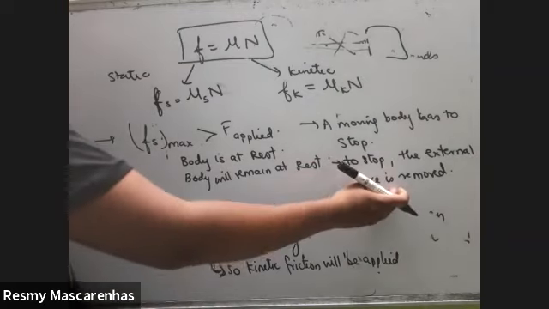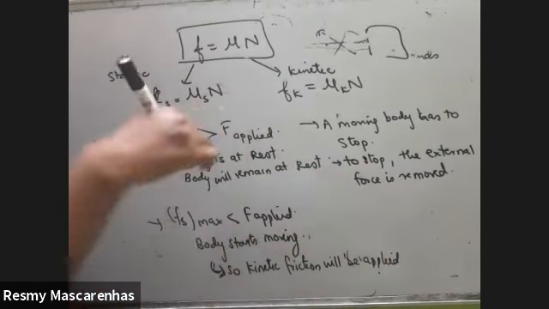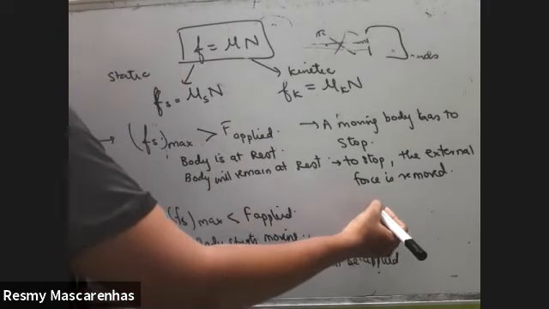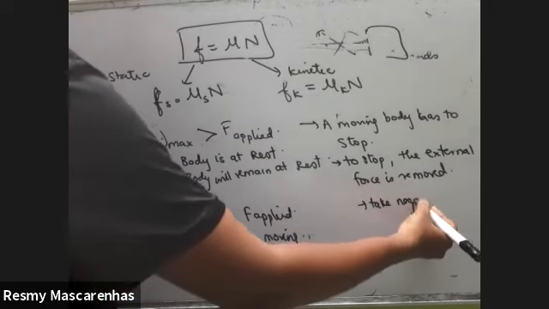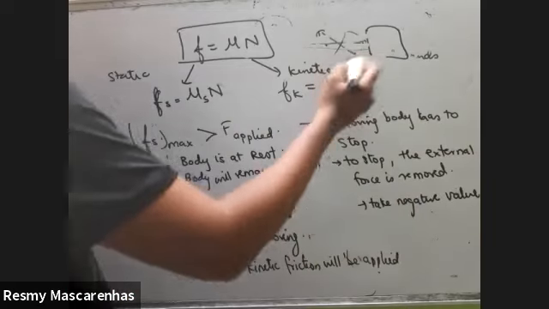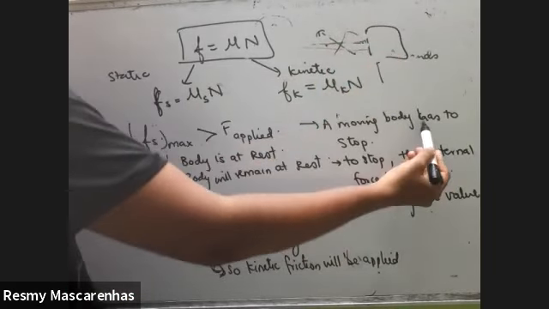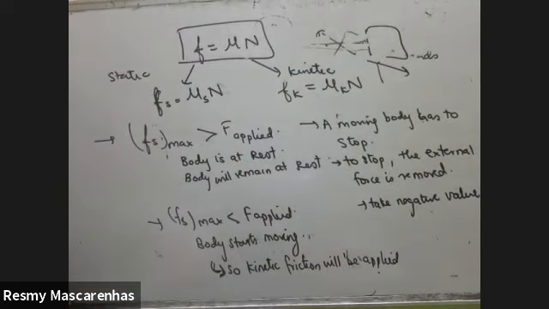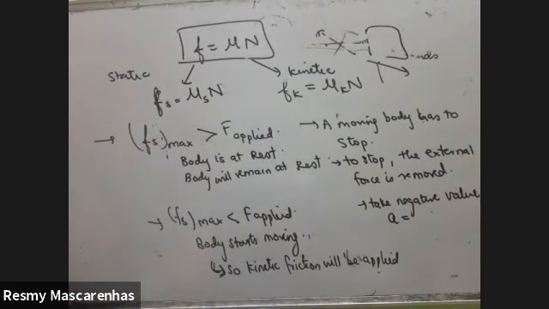If you remove this force, then in this case we have to calculate acceleration, and you have to take the value as negative, because when it wants to stop, the acceleration will decrease. This will be the formula. Later, when you are solving problems, you'll understand.